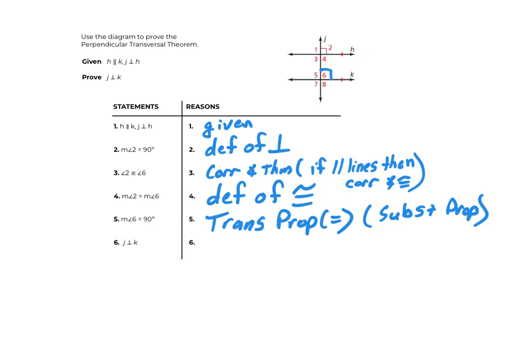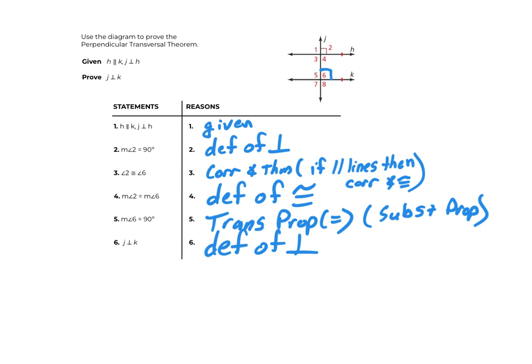If I see a 90-degree marking there, what does that mean about J and K? They are not parallel, they're perpendicular. So we now know J is perpendicular to K because of, once again, the definition of perpendicular. If I see a 90-degree angle being formed, I know those two things are perpendicular to one another.